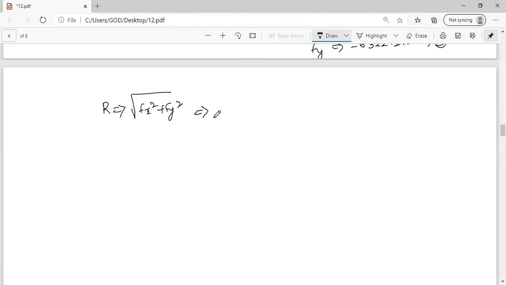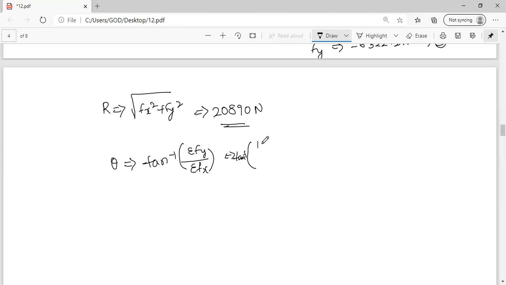Substituting all values, the resultant comes out to be 20890 newtons. The resultant angle theta is written as tan inverse of the sum of forces along y by the sum of forces along x, that means tan inverse of minus 6322 by 19971. If you solve this, you will get an angle of about 17 degrees.